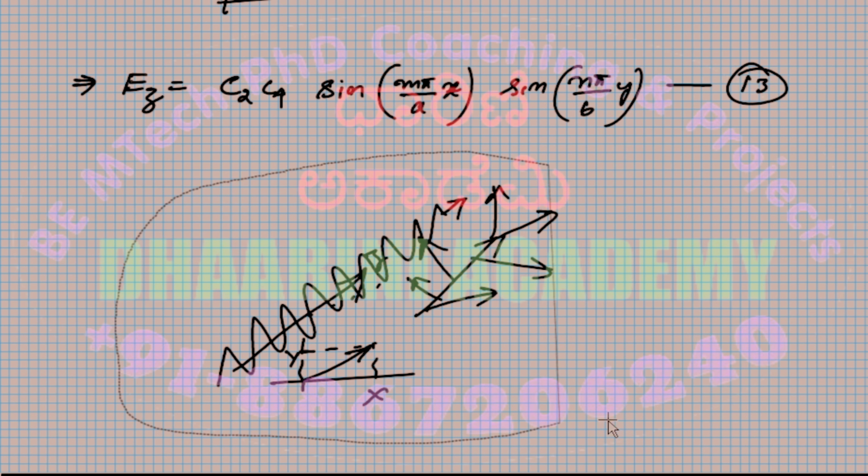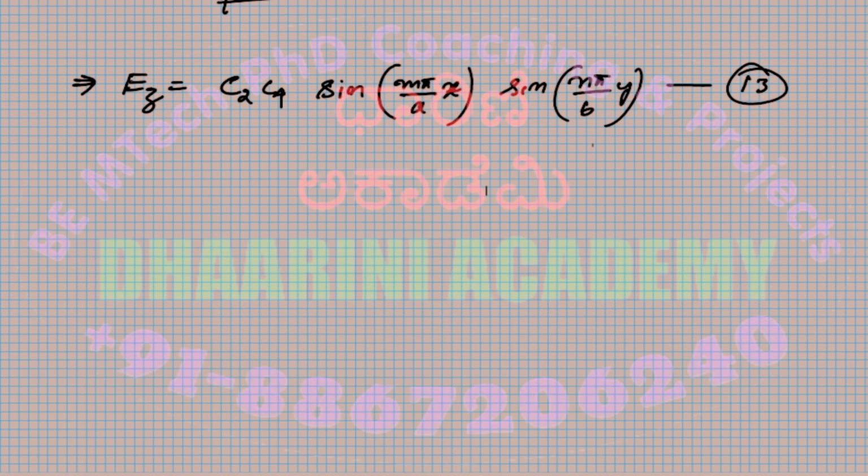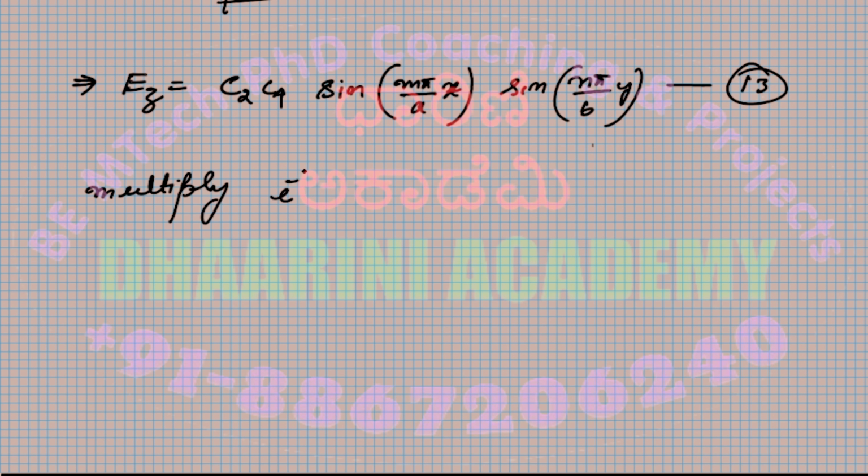So in order to bring the directionality into this particular Ez component, I have to multiply by e to the minus gamma z, to indicate positive z direction of wave propagation.